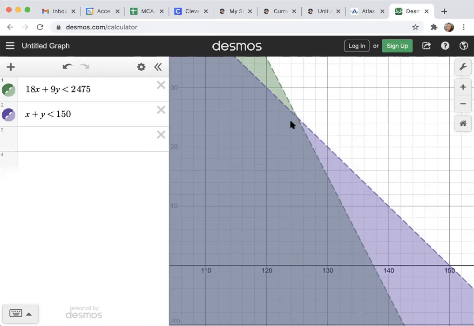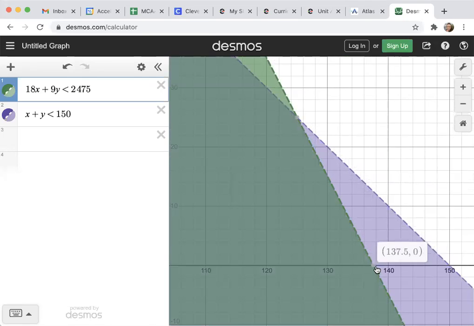So I would say 122 for going by this point right here. But if we're going by the point on the x-axis, it would be 137. You can't have like half of an adult. The 0.5 counts for like half of a person. So you can't have half of an adult. So 137 would be like the maximum number. If there were no kids, you could have 137 adults.